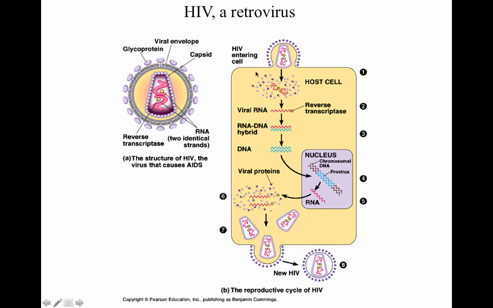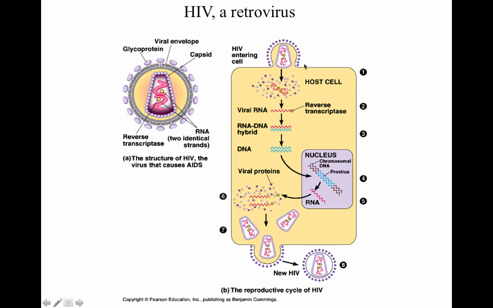Now, this begins like any other viral life cycle. The first thing that has to happen is the receptors here on the virus outermost layer, on the envelope in this case, must bump into and match a complementary molecule on the surface of the host cell. That has happened here. They're not really showing the receptors binding, but that has happened.